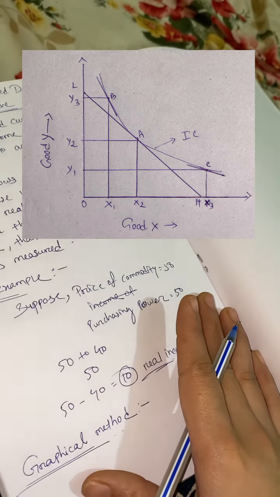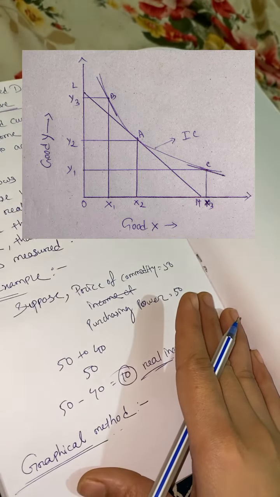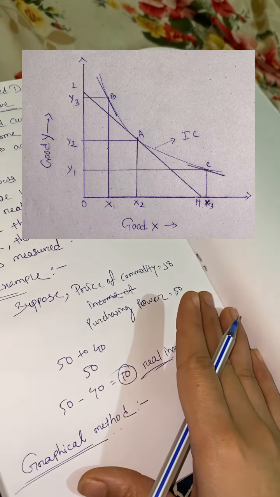Alright, if that real income is eliminated, the consumer will again consume as in the first situation at point A, which is OX2.